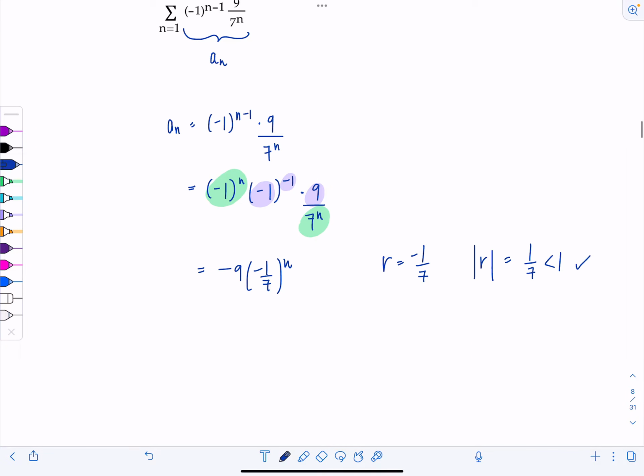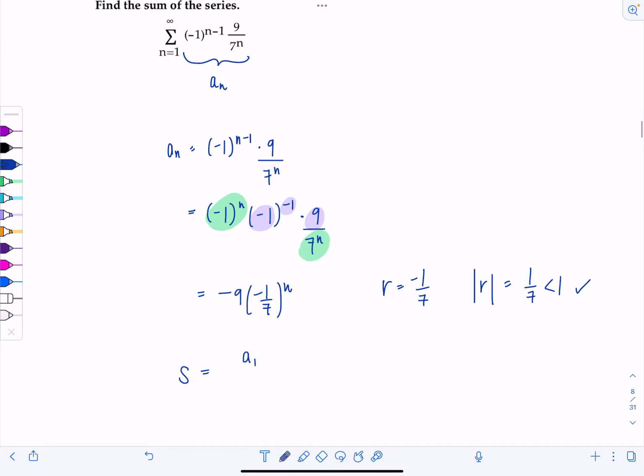So the formula for the sum is the first term. I'm going to put a_1, but it's just the first term. If this started at 0, you would put a_0 here, okay? Over 1 minus r, and r is negative 1/7. Okay, so a_1, the first term, let's see.